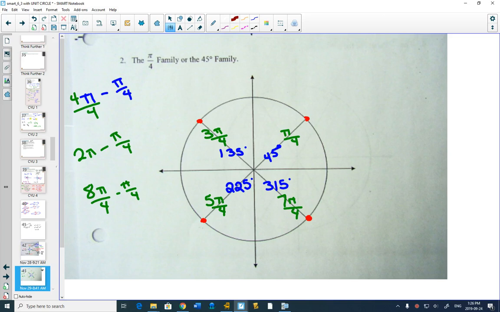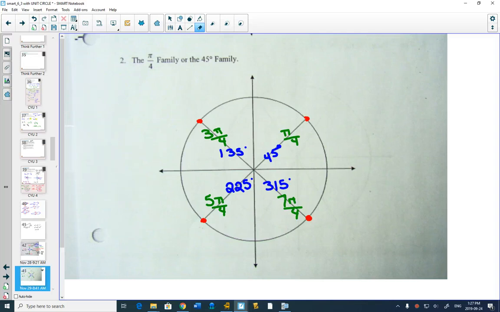Adding and subtracting fractions, another thing this year that you're going to get really good at because we have to do a lot of mental math that way. So now we have all of our angles in radians as well.